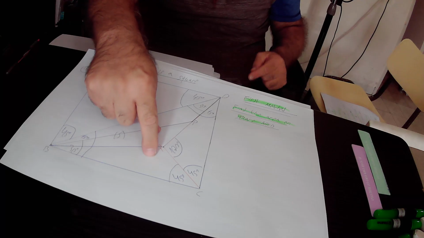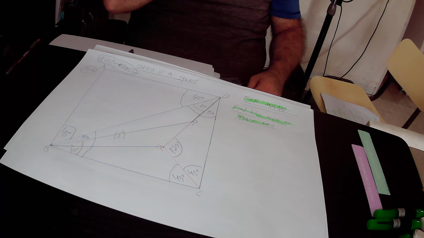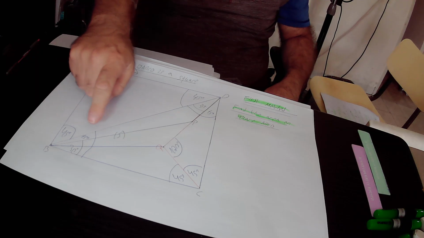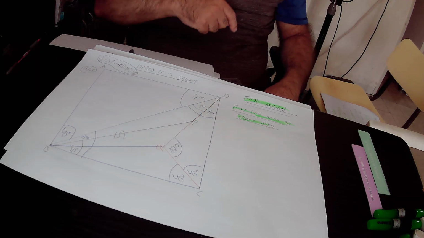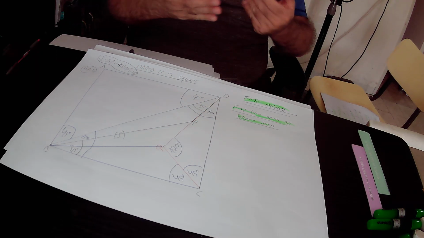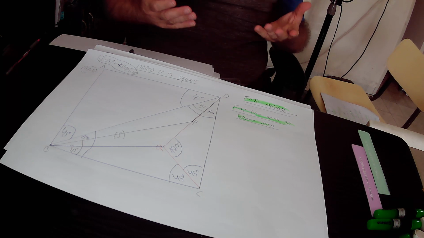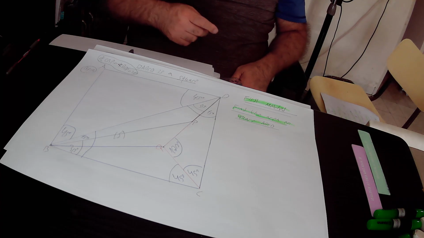So why can those two triangles go into each other? First of all, side BC equals side CD. They're both sides of a square that are equal to each other. All the sides of a square are equal to each other.